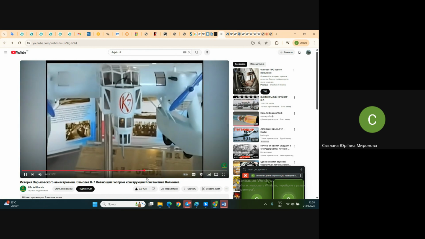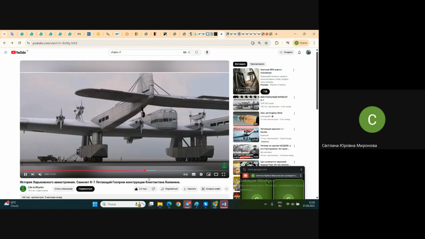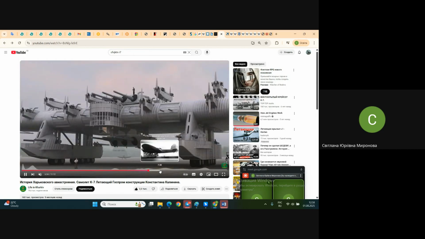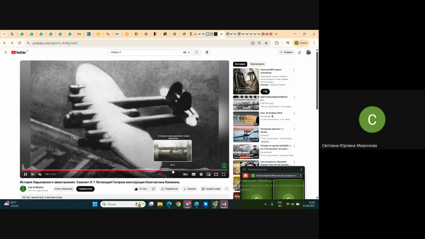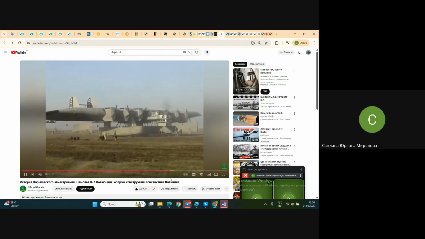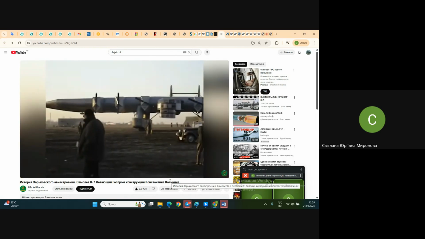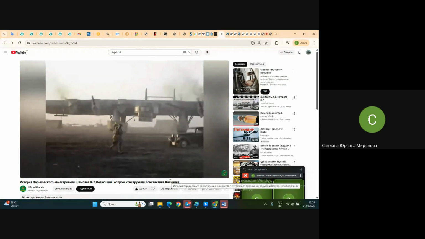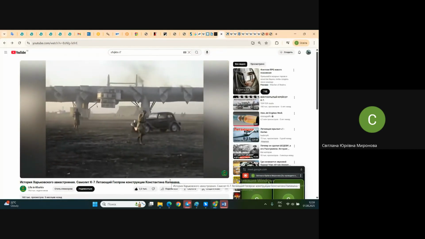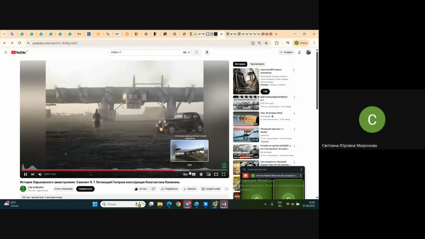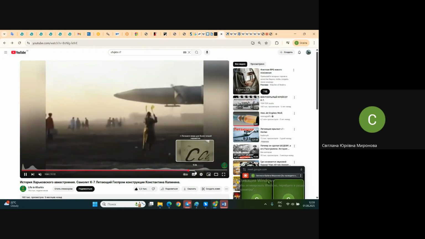And that is the model of K7 in the museum of our aviation plant. And there are some photos that you have seen in the other short movie. Now the chronicles, a documentary about this K7 at the airfield. It had some test flights. It was a unique airplane for that period. And next will be the photo of the last flight.